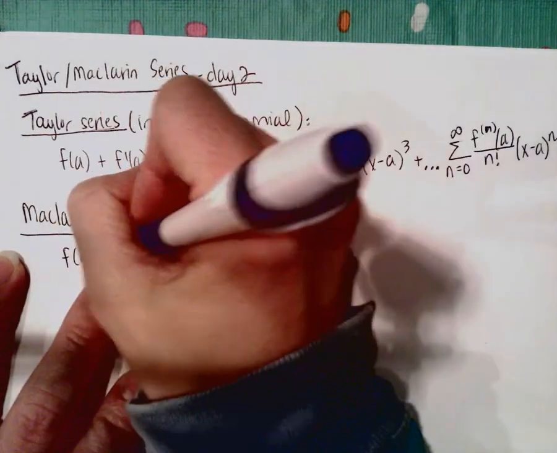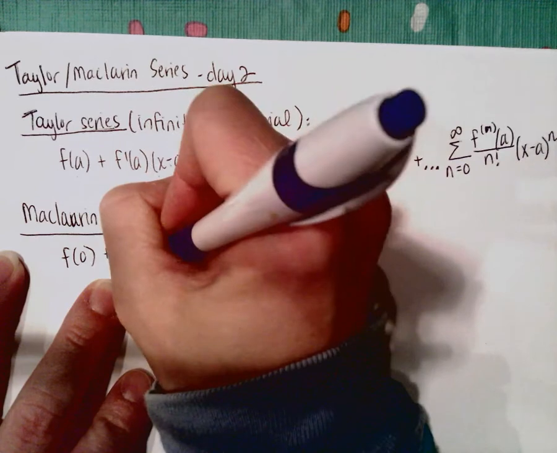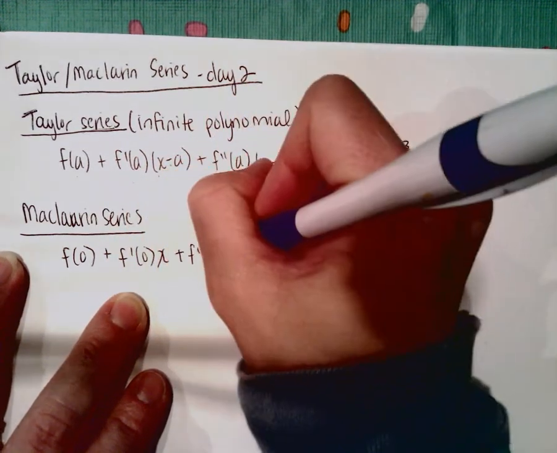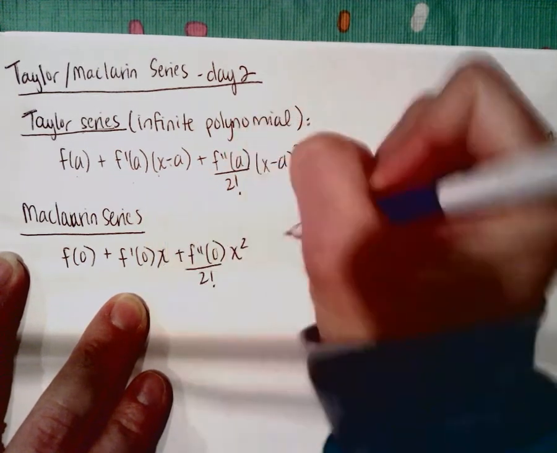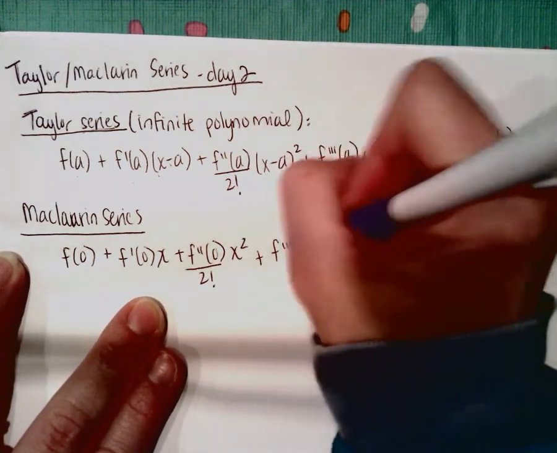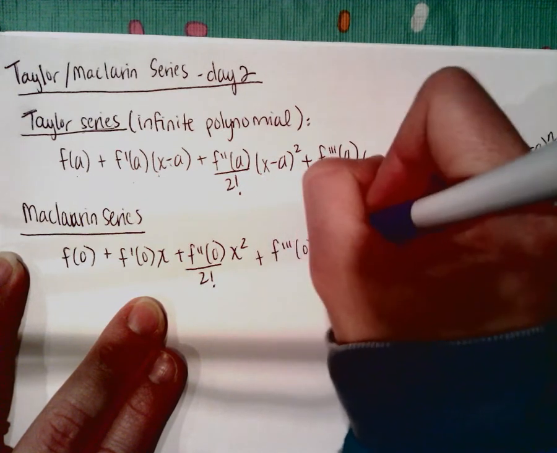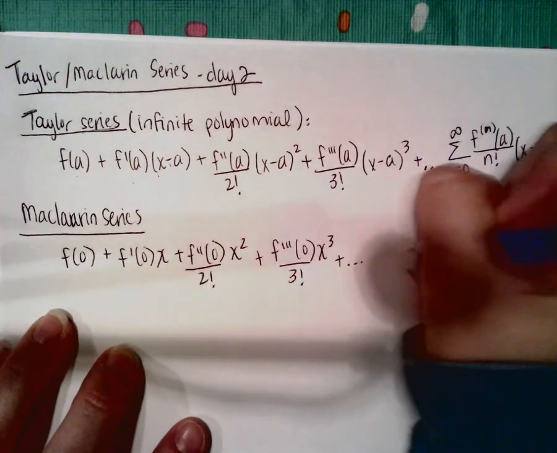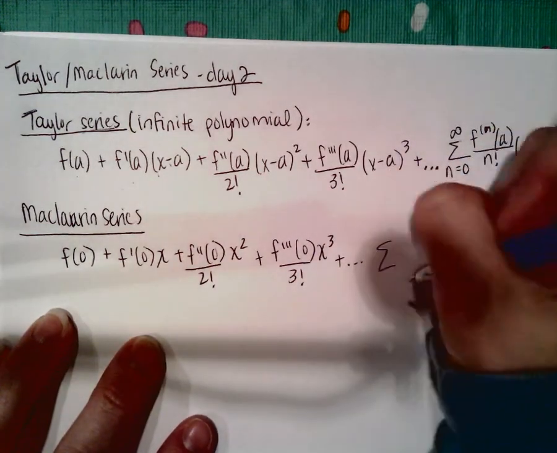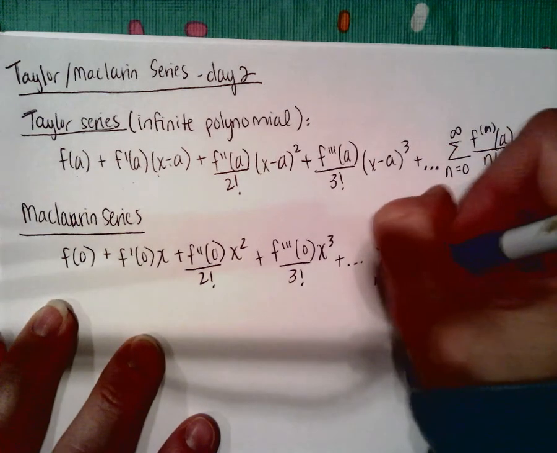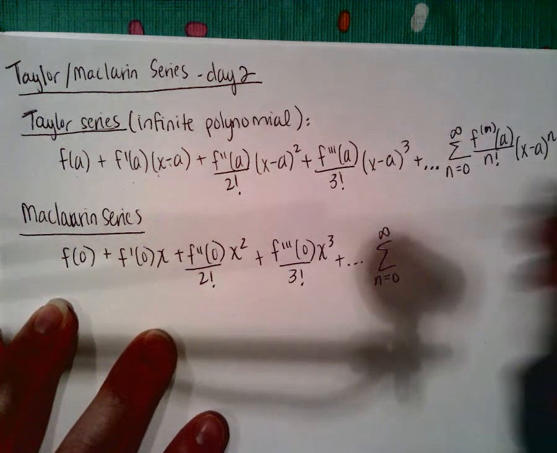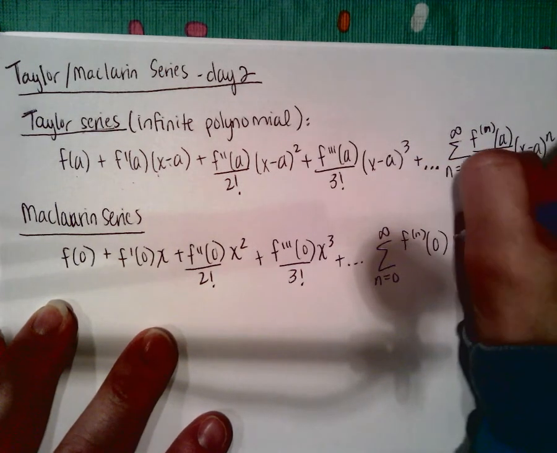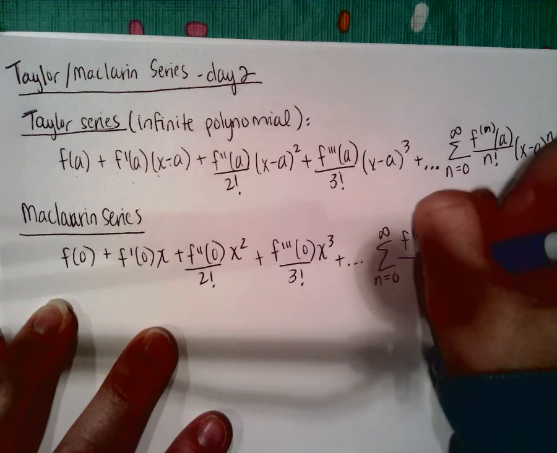So f of 0 plus f prime of 0 times x plus f double prime of 0 times x squared over 2 factorial, plus f triple prime of 0 times x cubed over 3 factorial, plus dot dot dot until we get to the nth term, which would be the sum from n equals 0 to infinity of the nth derivative at 0 times x to the n over n factorial.